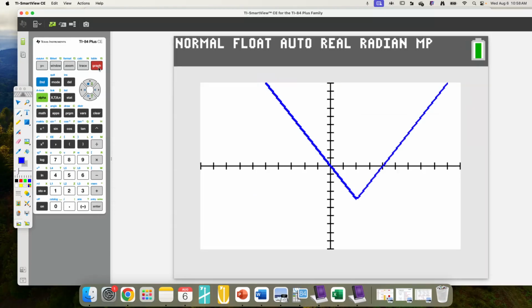I need to make sure I plot the vertex, that's very important, and I need to plot those 2 x-intercepts as well. So the main things I'm looking at is this 0, 0, this 2, negative 4, and this 4, 0. I repeat, we need to plot the 0, 0, the 2, negative 4, and then the 4, 0.